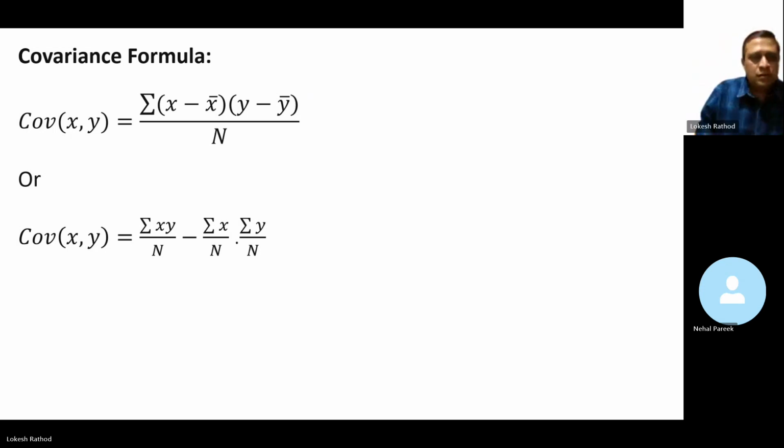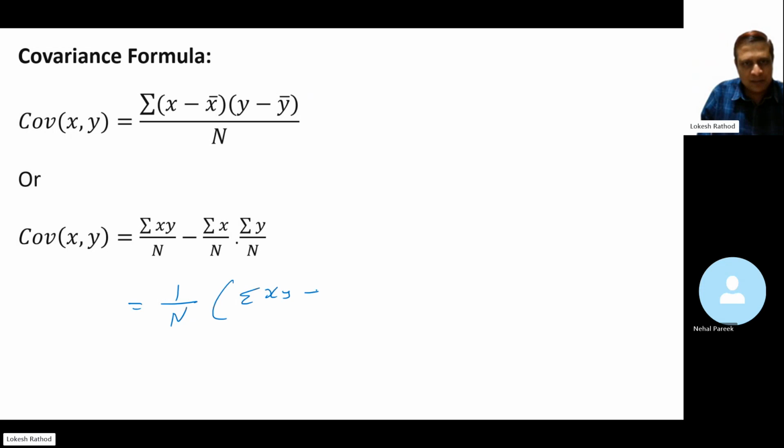In your book, this formula is written with 1 over n taken common, so it becomes sigma xy minus sigma x sigma y over n.